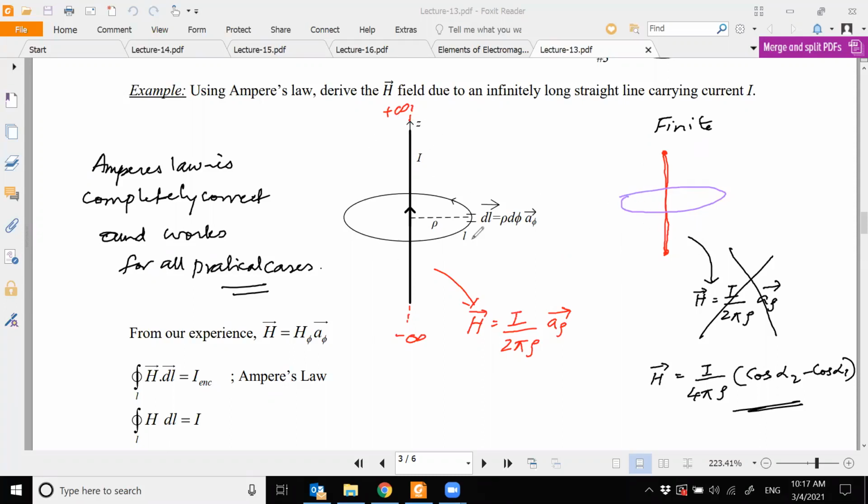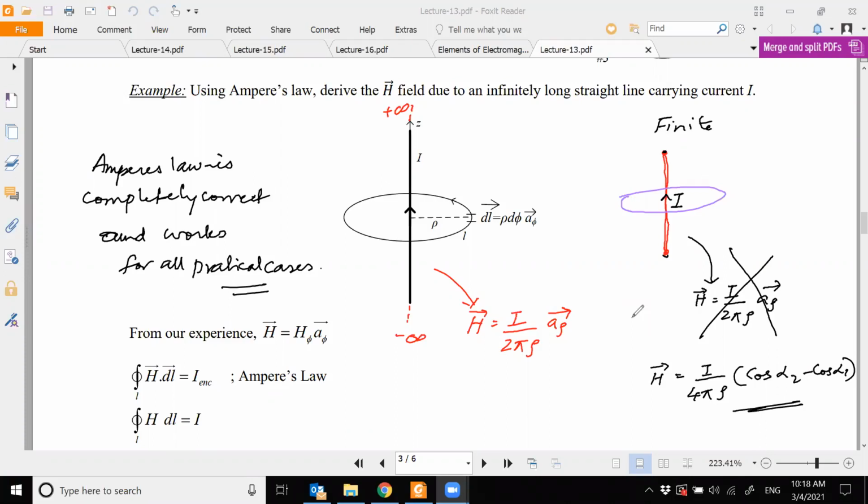Infinite doesn't exist, but can we have a finite wire like this, only this size, carrying a current I? No, I don't think so, because in order for the current to pass, you have to connect it to a source, so it will always be a closed path for a current. Do you agree or not?